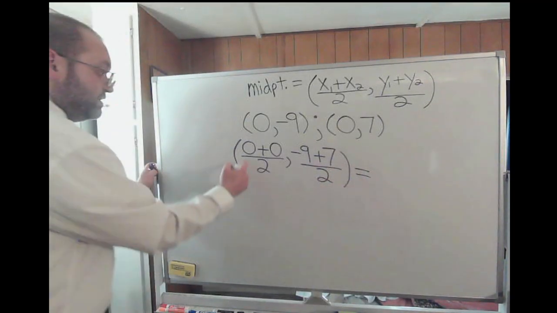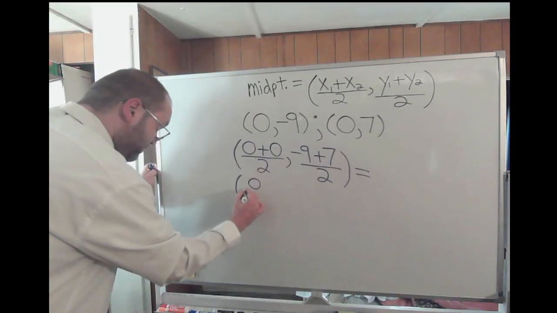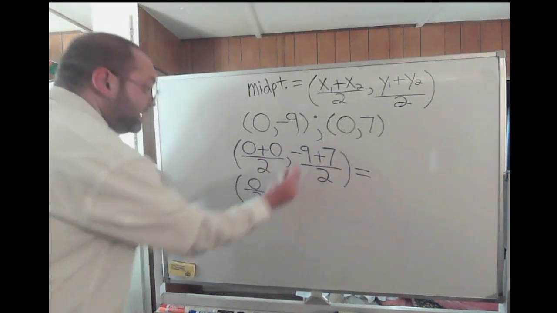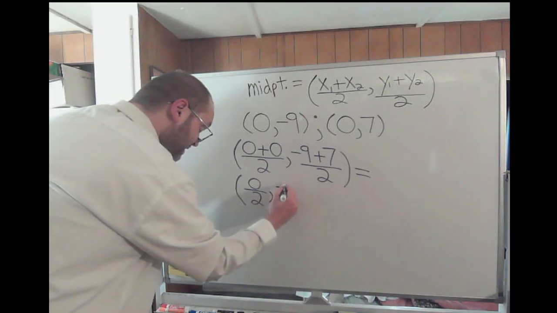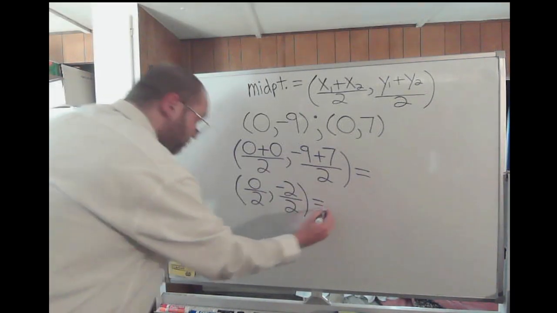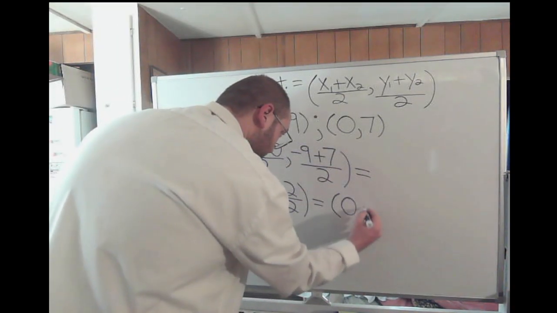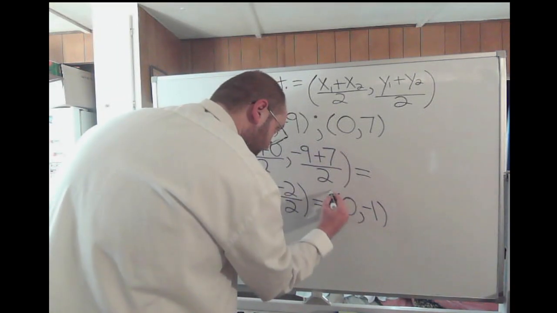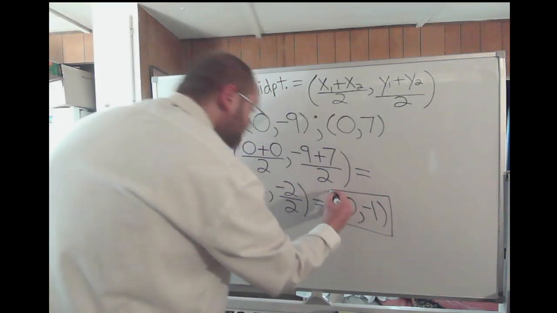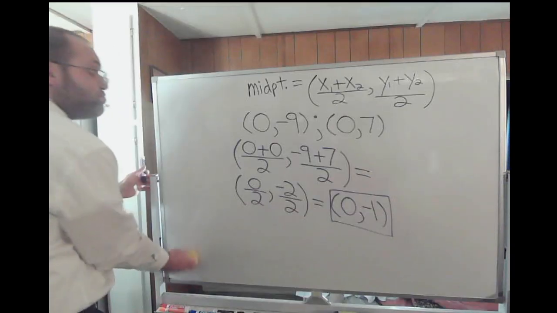This will turn into 0 plus 0 is 0, so you'll have 0 over 2. And then -9 plus 7, that's -2 all over 2. When you do the division, you should simply end up getting 0, -1 as your midpoint. So the midpoint of those two points can be found at 0, -1.